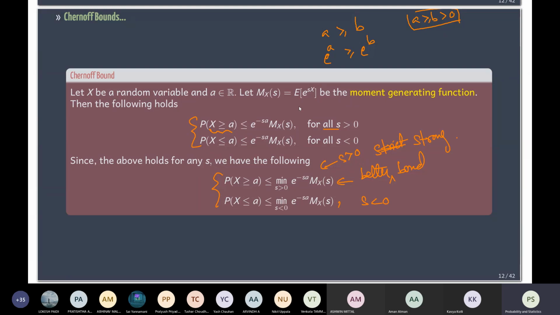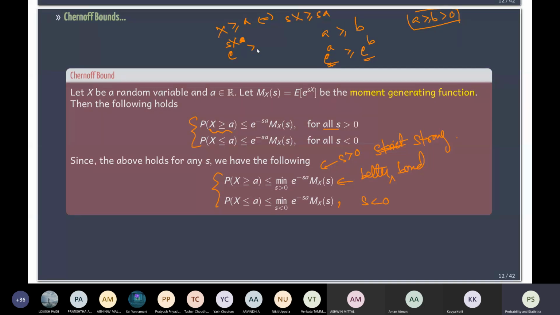So that we get hold of these terms, exponential to the power. And then we are supposed to see what would be this case. Because I have x greater than or equal to a, I have to raise it by the s power. So x greater than or equal to a is the same as s times x greater than or equal to s times a.